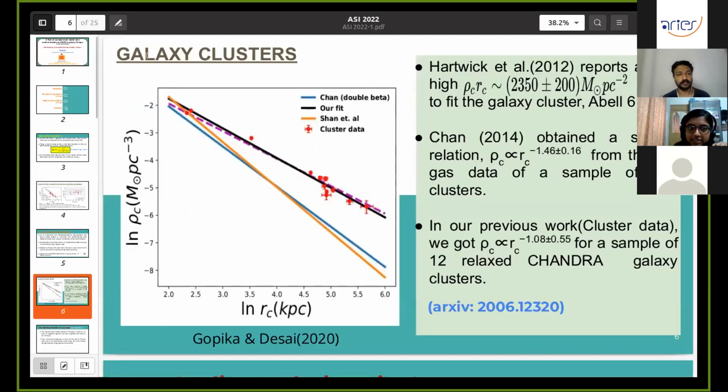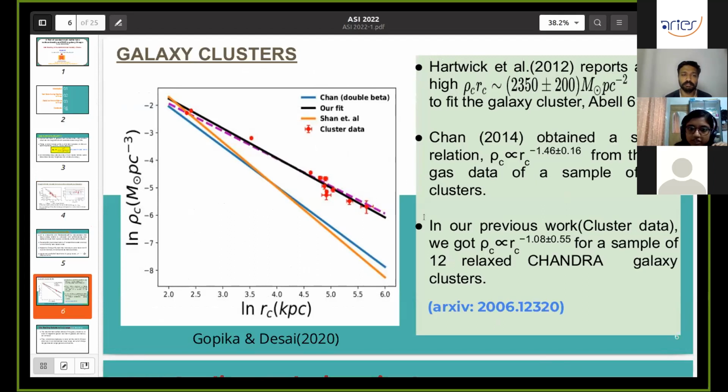And here are some of the dark matter scaling relation results for galaxy clusters. But what we found for galaxy clusters from the literature was that this quantity is an order of magnitude greater than that found for single galaxies.